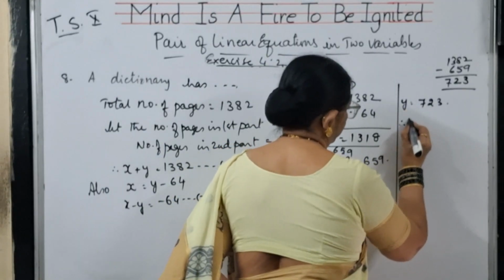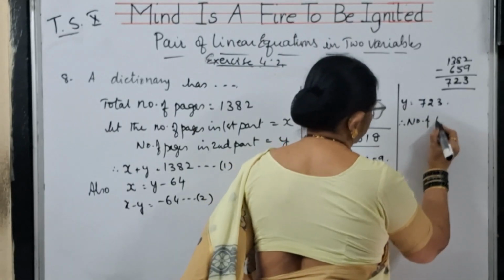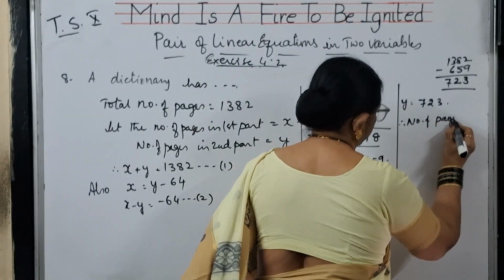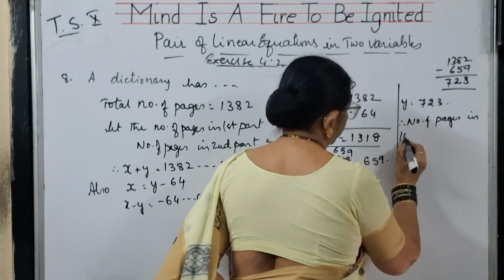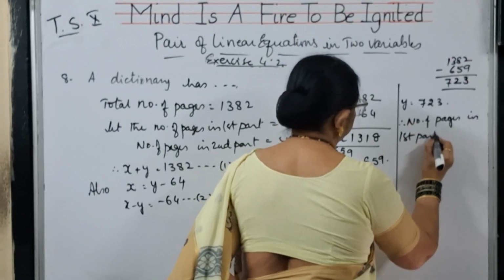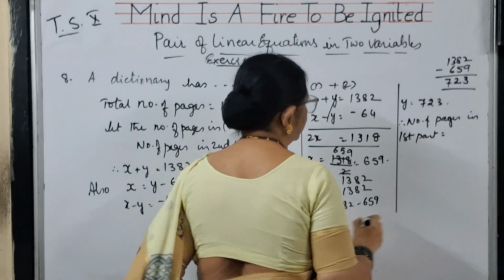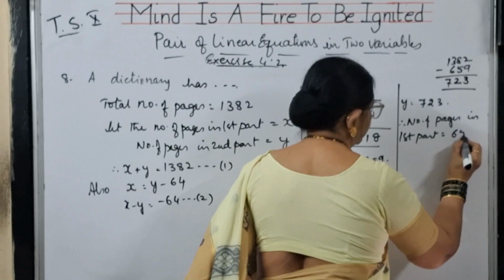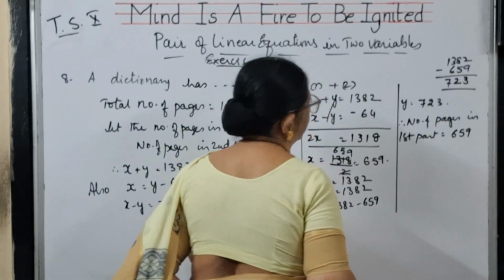Y is equal to 723. Therefore, number of pages in first part is equal to how much? 659.